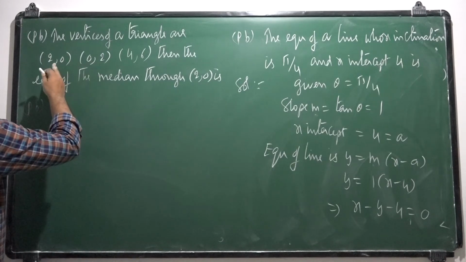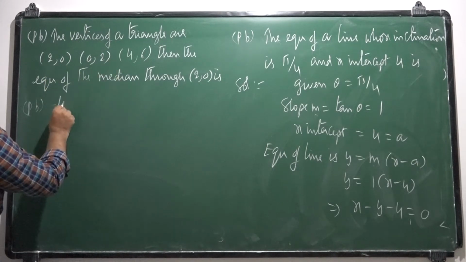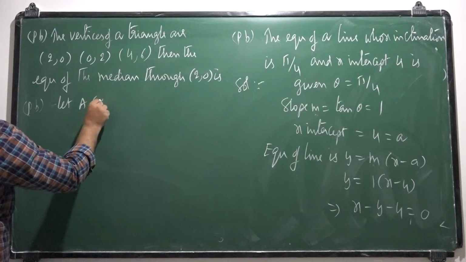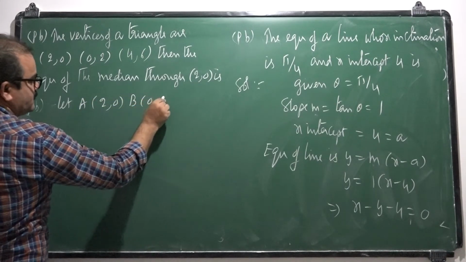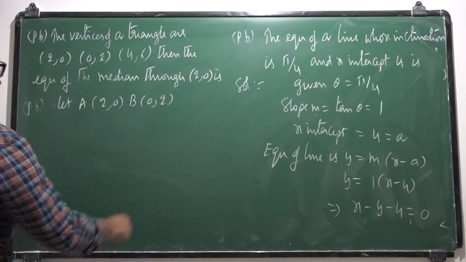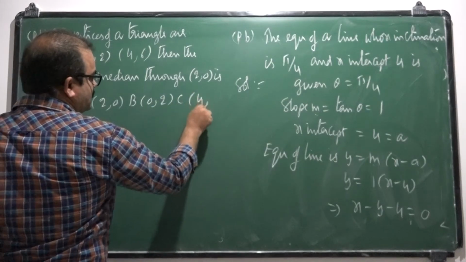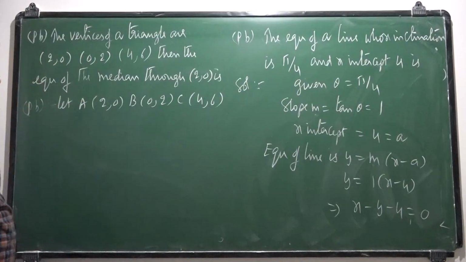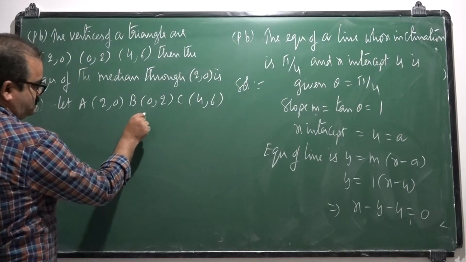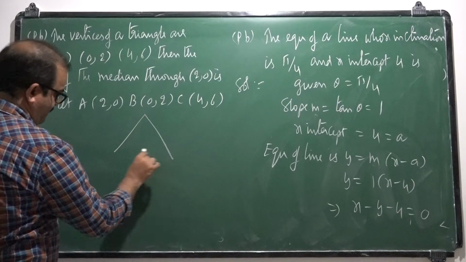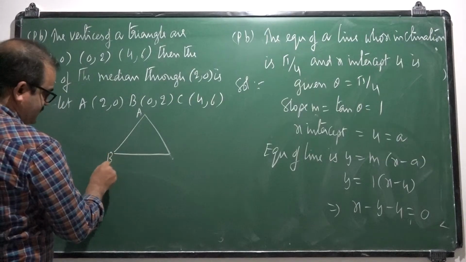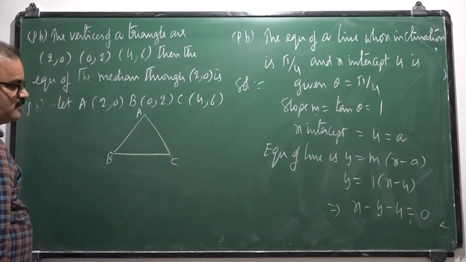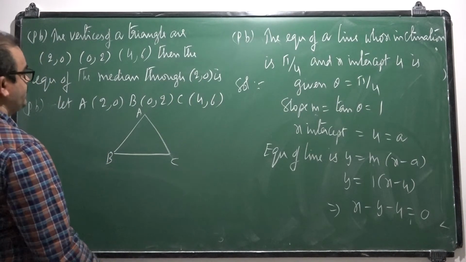Let the vertices be A, B, C. Let A be 2, 0, B 0, 2, C 4, 6. A, B, C. These three are the vertices of the given triangle.